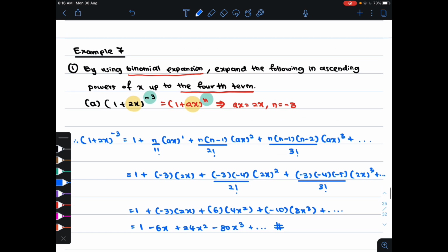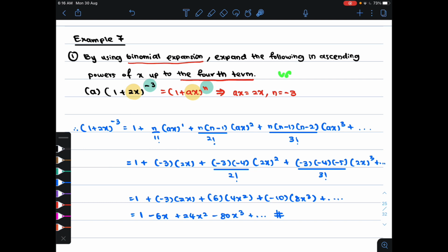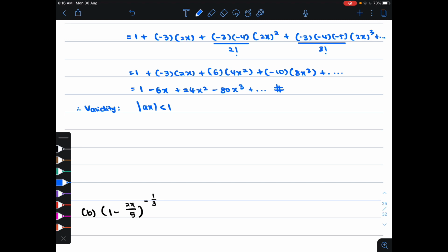So kalau kita tengok soalan ni dia tak minta pun validity. Tetapi always tulis saja kamu punya validity tu. So recall balik, validity is always modulus of ax is less than 1.